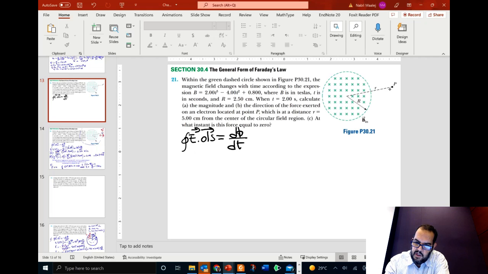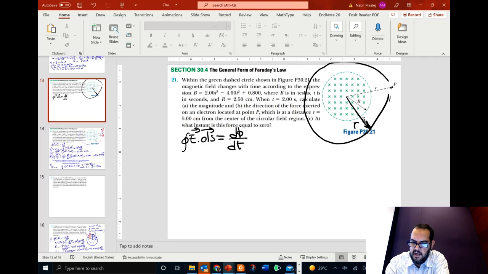Because of the symmetry of the situation, let's take a circle of radius r, and it passes by point P. The electric field is parallel to ds, so this integral simplifies to E times the integral of ds, which is the circumference of this circle, 2 pi r, and that is equal to the derivative of the flux.